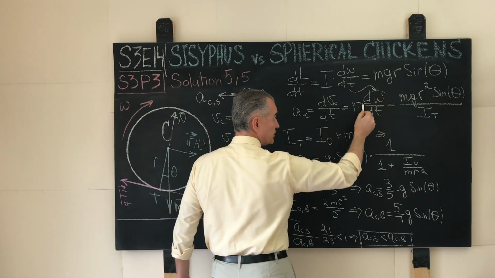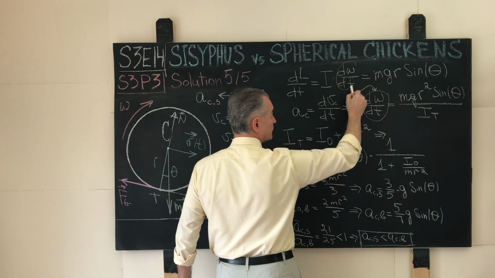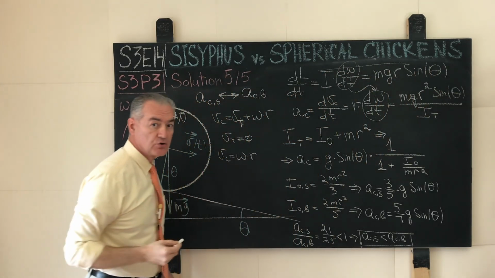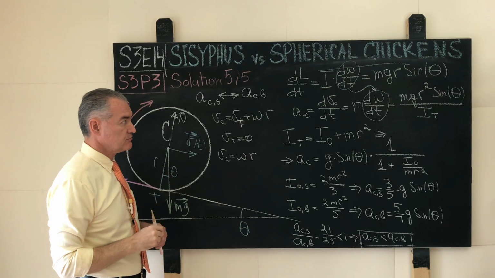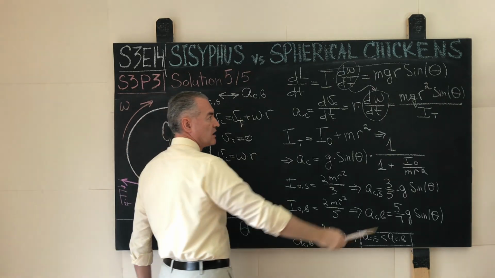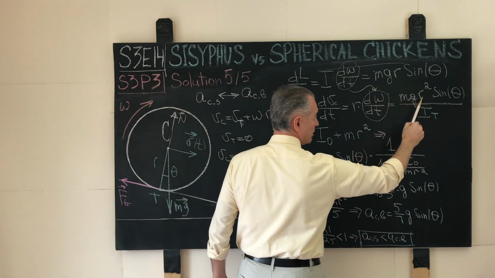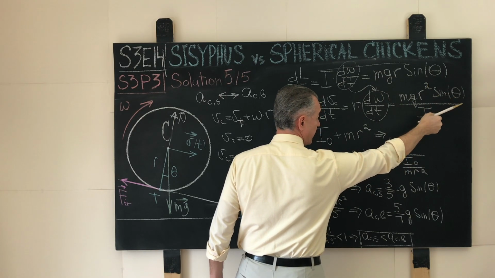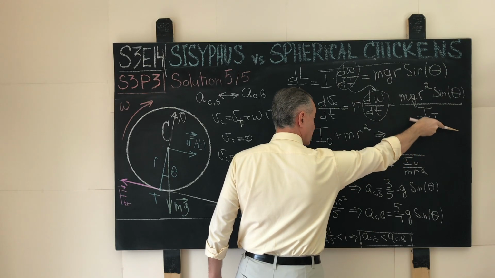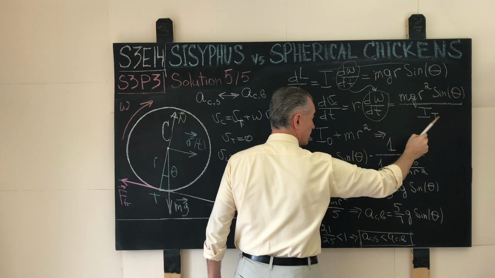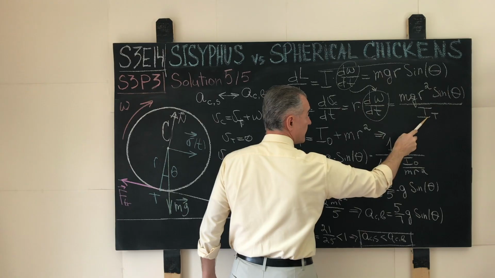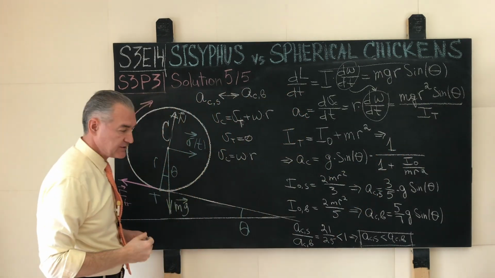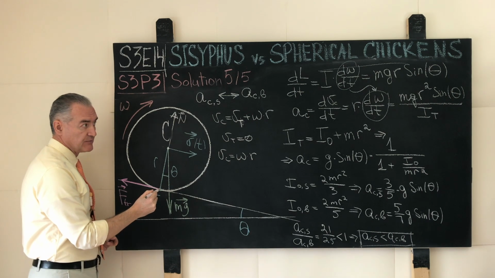And where do we take this from? We take it from the torque equation of rotational motion, and that's it. The game is over. Then we have the expression mgr squared times the sine of the angle theta, which remains constant, the angle at which the plane is inclined with respect to the horizon, divided by the moment of inertia with respect to the axis that passes through the point T right here.